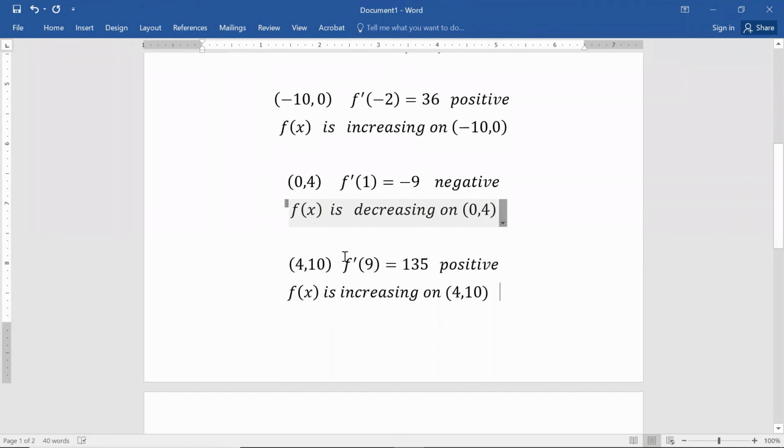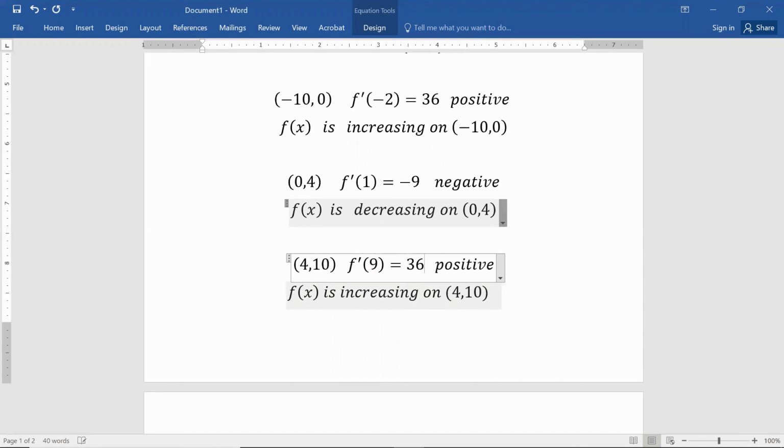Like I've said before, if you had chosen some other number between 4 and 10, you would have gotten a different number. It wouldn't have been 135. For instance, if you had plugged the number 6 into the derivative, you would have gotten 36, but it's still positive.